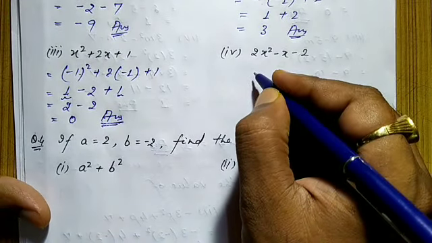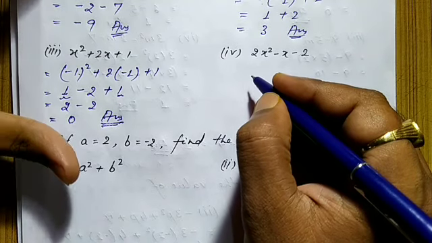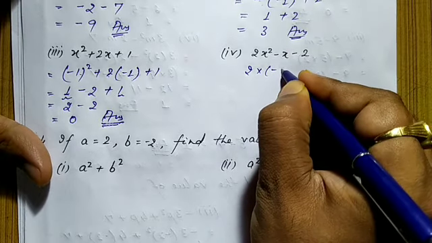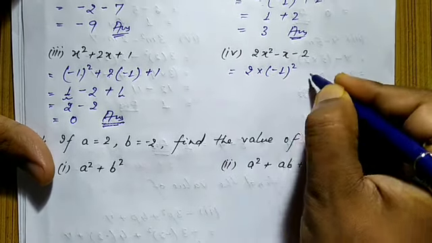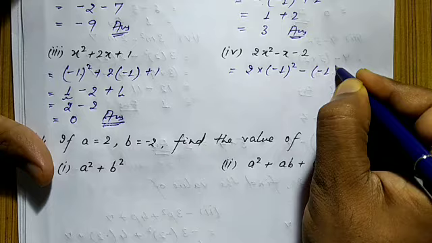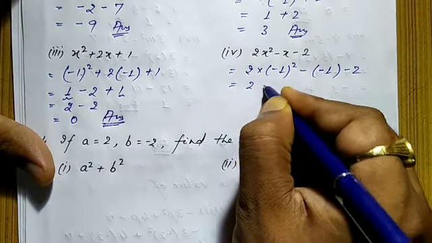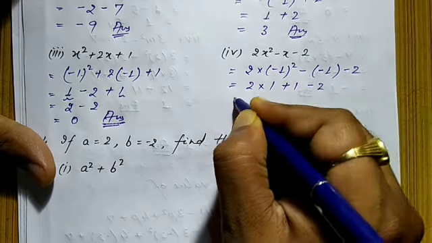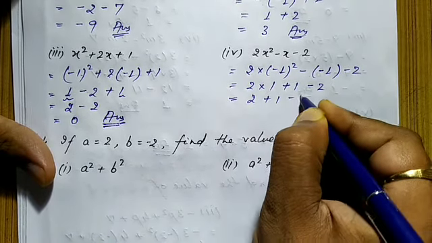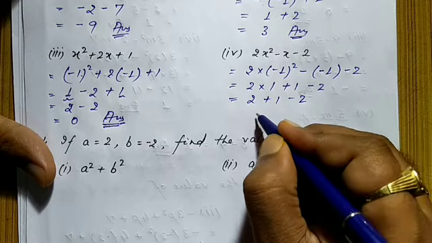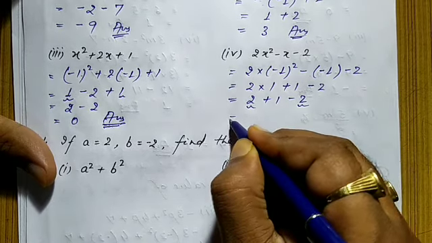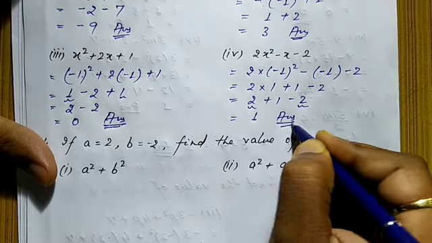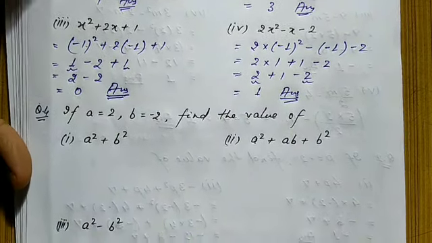Here substitute x is equal to minus 1 in this expression: 2 into minus 1 whole square minus minus 1 minus 2, 2 into 1 plus 1 minus 2, 2 plus 1 minus 2, 3 minus 2, 1. Okay, so the answer is 1.